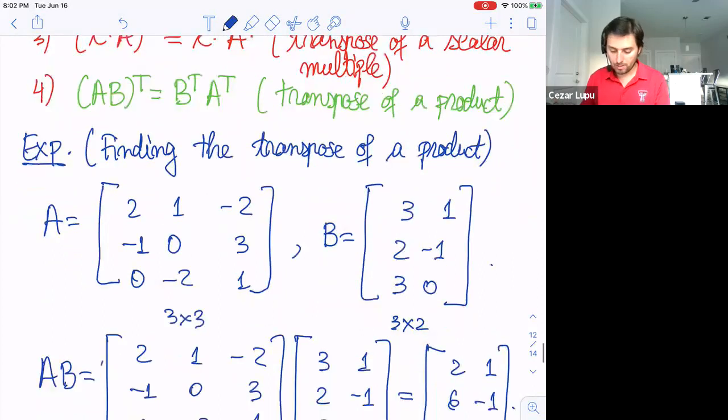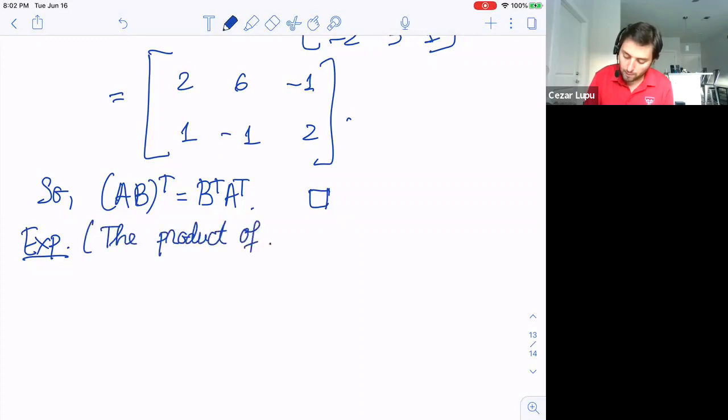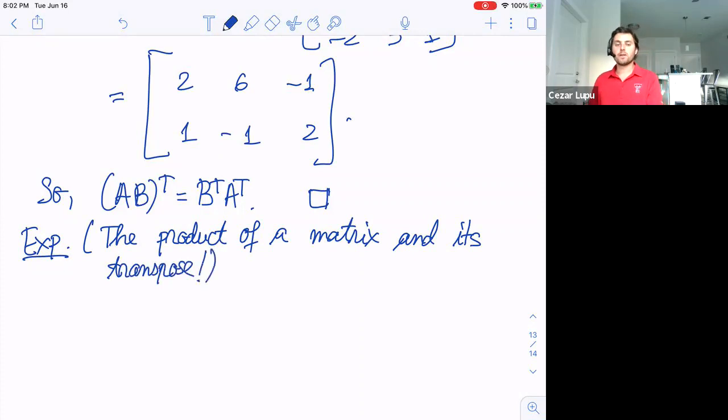Now, I will also want to talk about something else. Let me give you another example. Another example is the product of a matrix and its transpose, right? So for example, let me consider the following matrix.